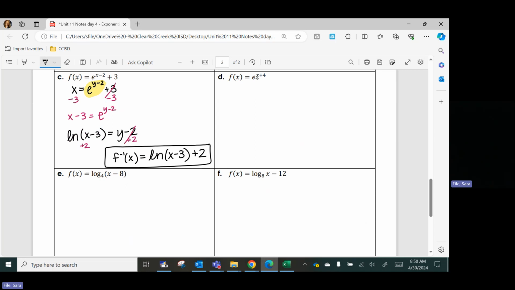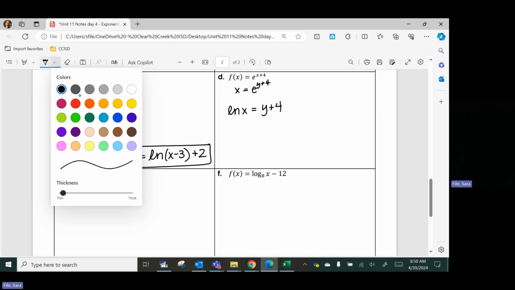All right, so replace f of x with y, switch x and y. All right, it's already isolated, done. So ready to rewrite as a log. So it's a base e, so natural log. Okay, my argument's just going to be x, and it's going to equal y plus 4.